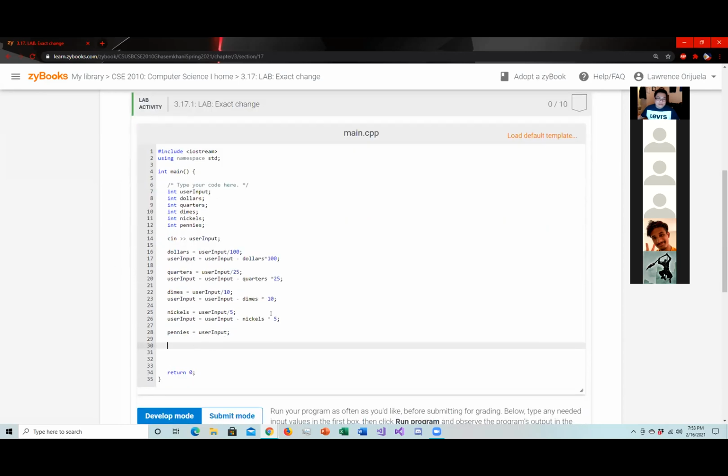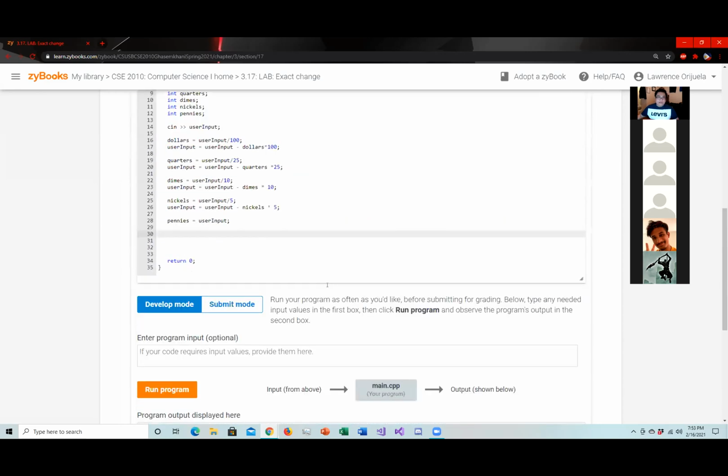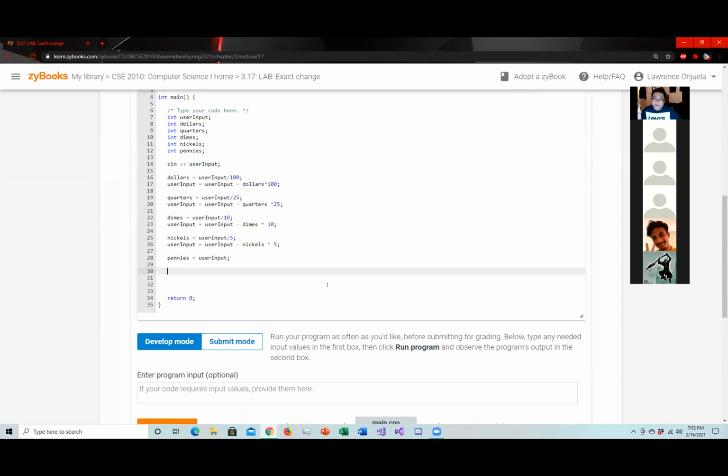So let's first come up with the scenario for dollars, right? For dollars, we would only output X dollars if the number of dollars is greater than 0, right? Yeah.